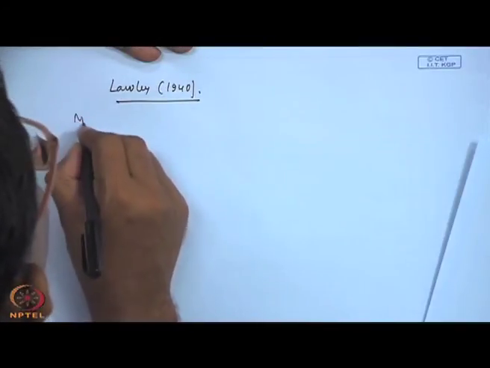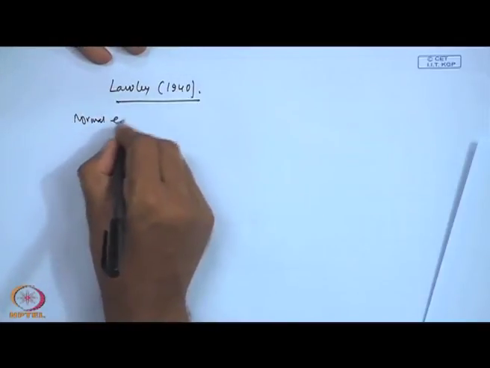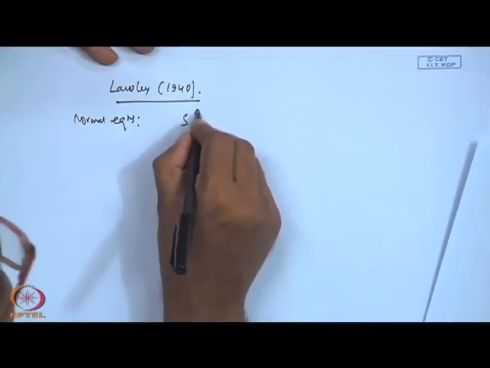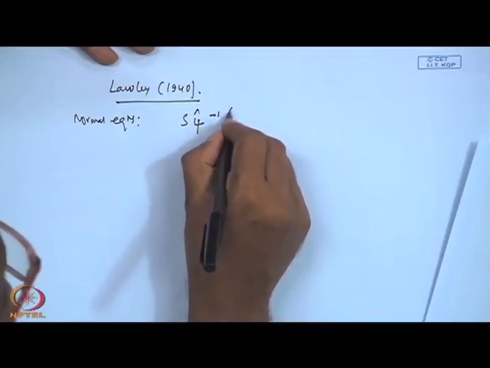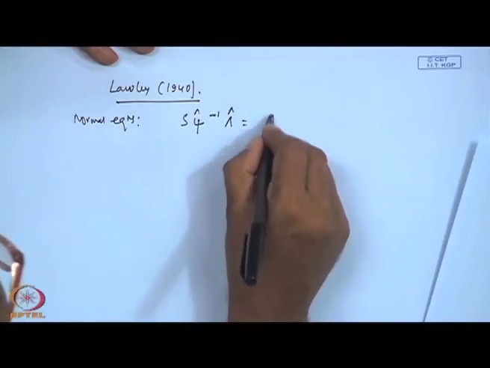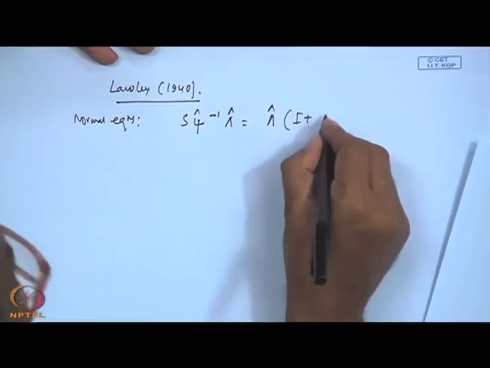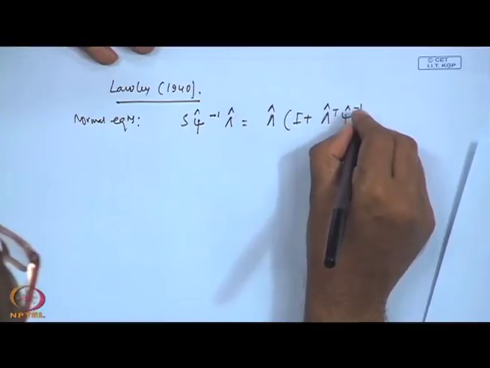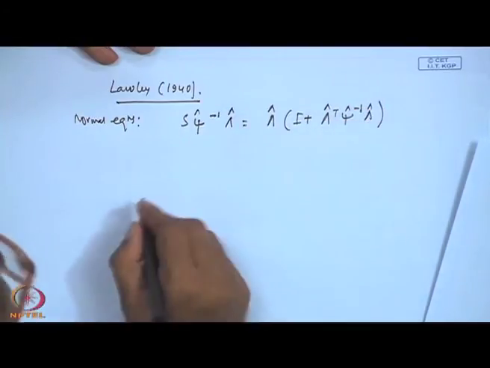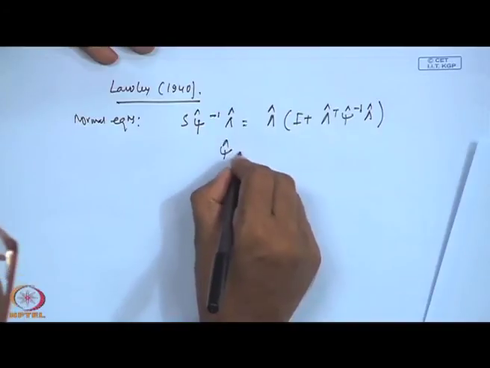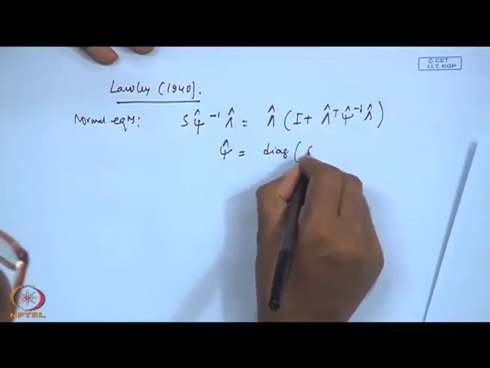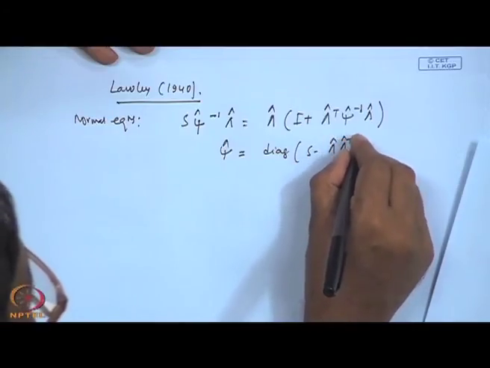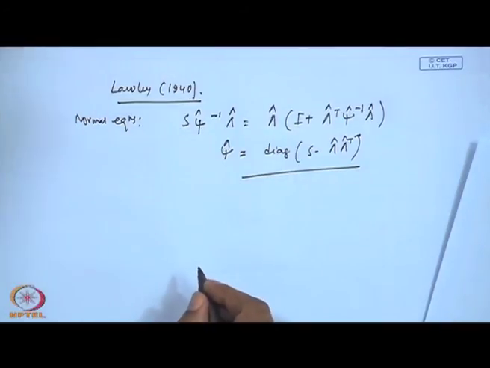He gave a normal equation for solving: psi inverse Lambda cap equal to Lambda cap (I plus Lambda cap transpose psi inverse Lambda cap), and definitely psi is a diagonal matrix. This is the issue.